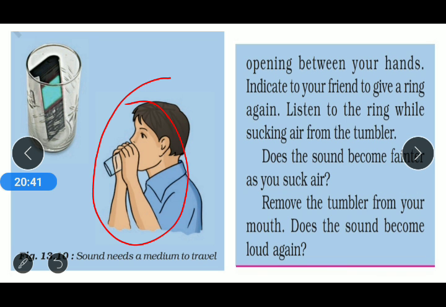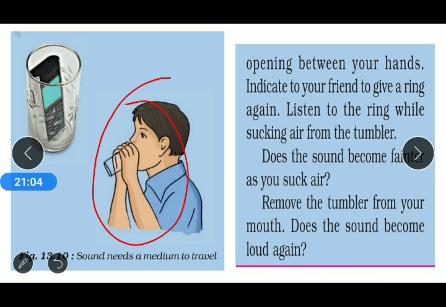What we are trying to say in that activity is, before sucking the air, when we try to hear the sound, it is easily audible to us. But in the second case, when we suck out the air from the tumbler and try to hear the sound, the intensity of the sound decreases a little bit. Why does that happen?